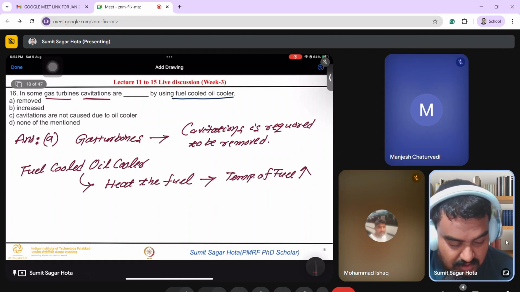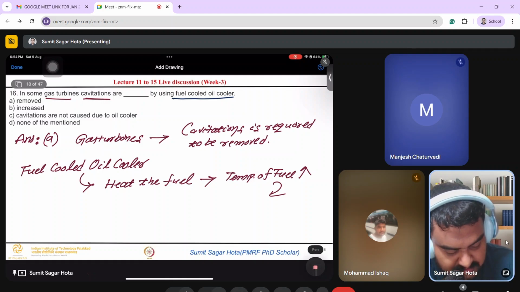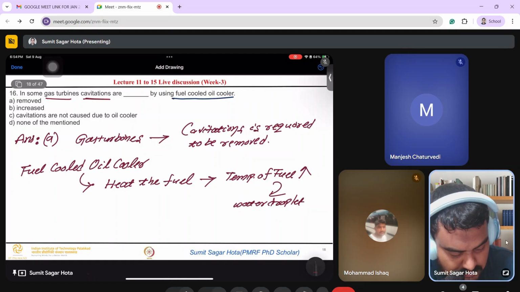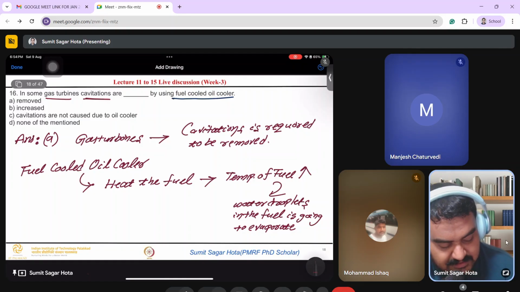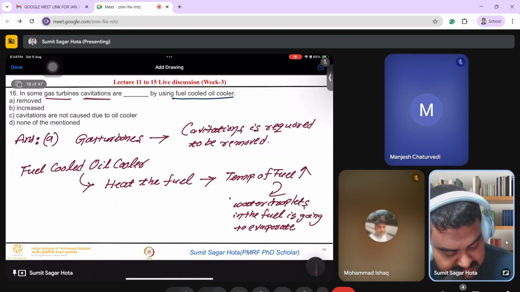But one advantage will be that there will be chances of evaporating the water droplets in the fuel. So the water droplets are going to evaporate, which means the water droplets are going to decrease.